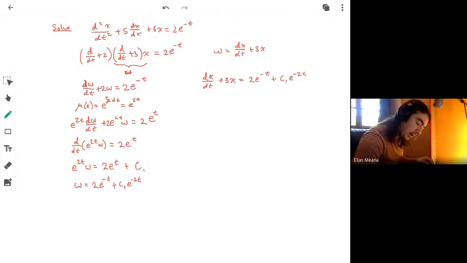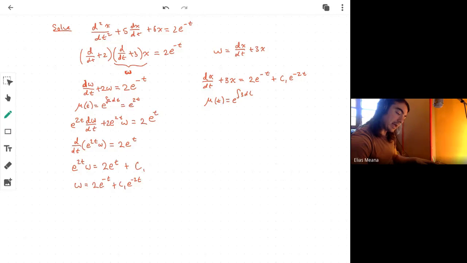So our integrating factor here is a new mu of t. It's e to the power of the integral of 3 dt, which is just e^(3t). We can ignore the c.